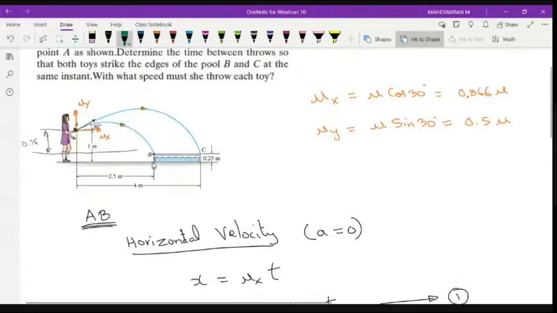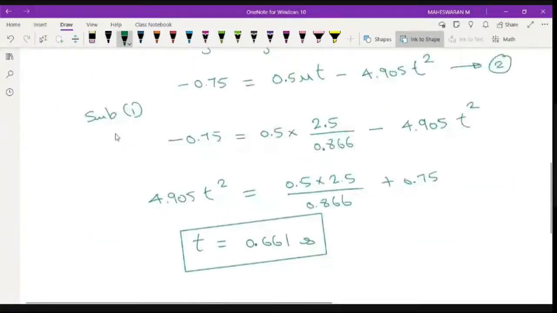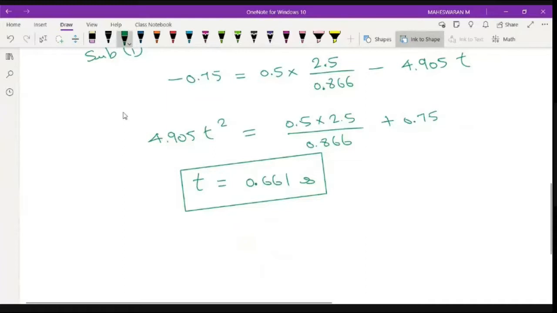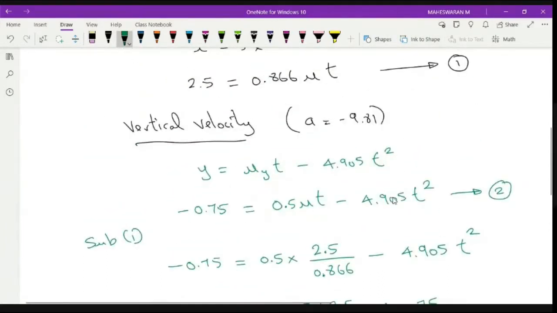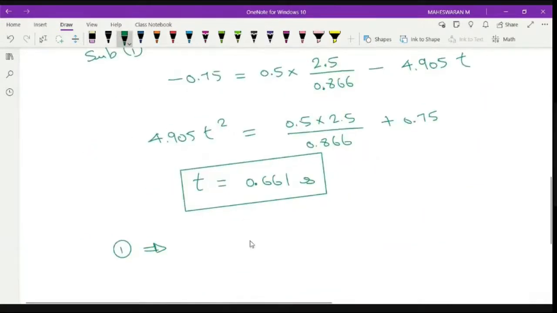Now they're also asking what the initial velocity is. So from 1, 2.5 is equal to 0.866 ut.